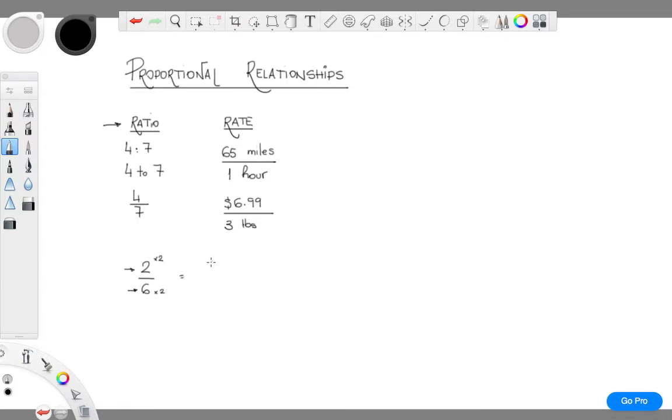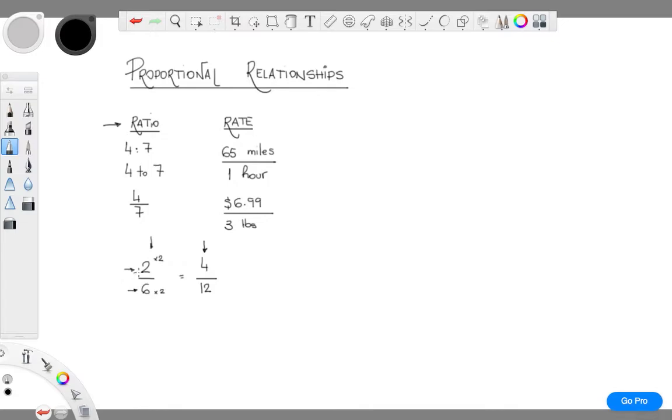Let's do that. So if we multiply 2 times 2, we would get 4. And then if we multiply 6 times 2, we would get 12. Now, the question is, do these two ratios, this one and this one, express the same relationship? And, well, let's figure it out.